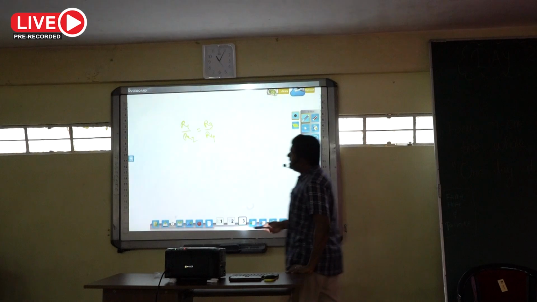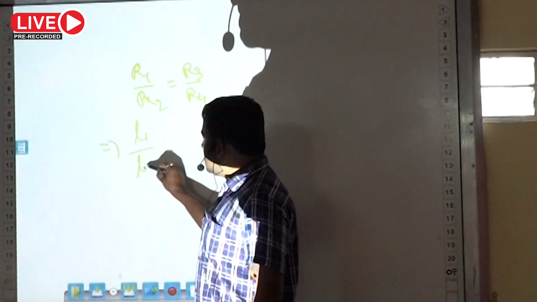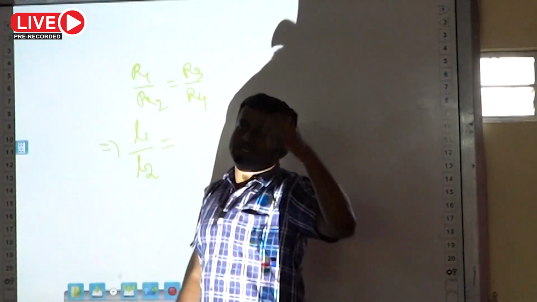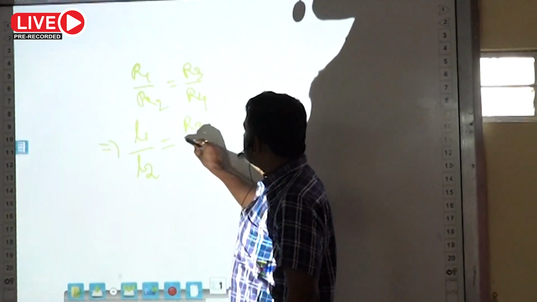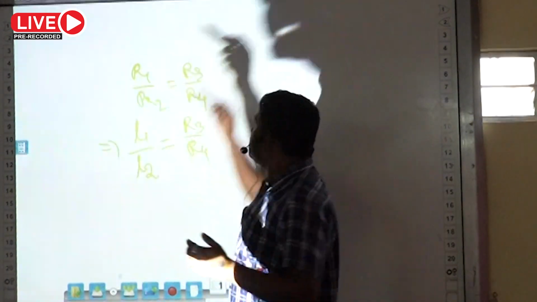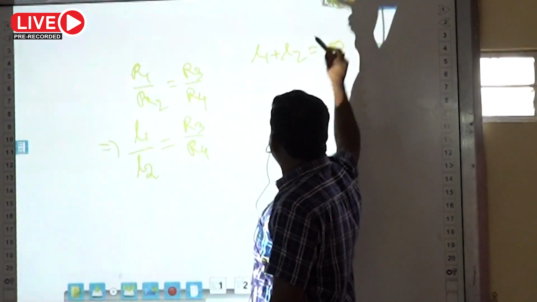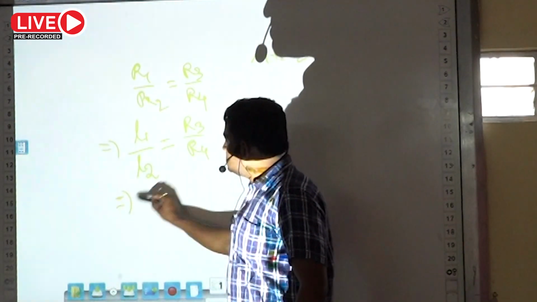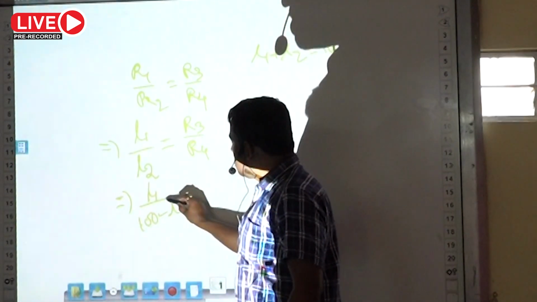So if R1 has a length L1 and R2 has a length L2, then the L1 by L2 ratio and the R1 by R2 ratio are equal. It is matching with R3 by R4, and since it is taken as a 100 centimeter long wire, L1 plus L2 together will be 100. So sometimes L1 is given, then L2 can be written as 100 minus L1.